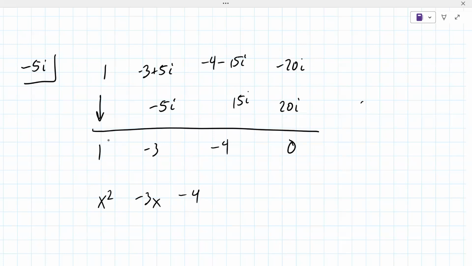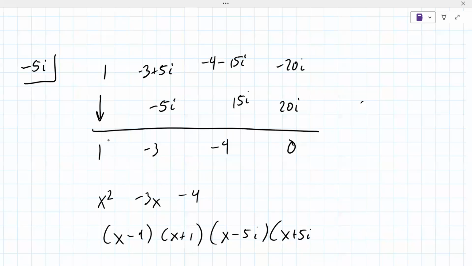I got x minus 4 and x plus 1. Good. So then the other ones here are x minus 5i and x plus 5i.